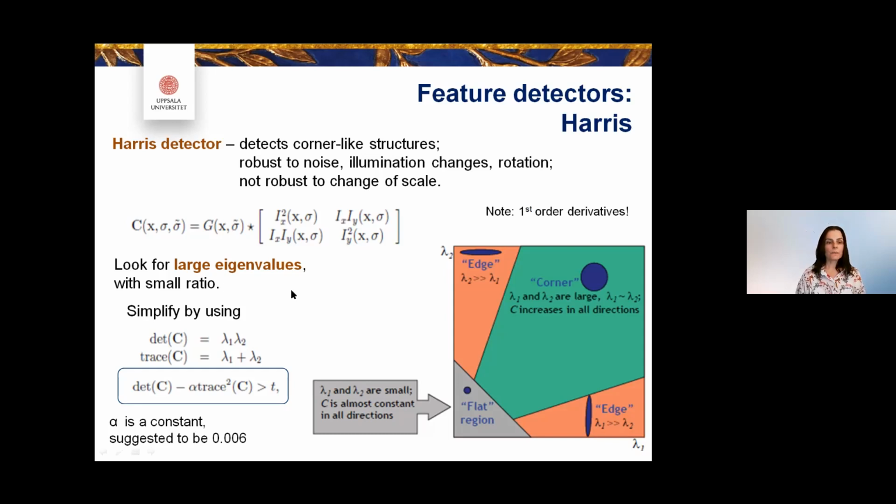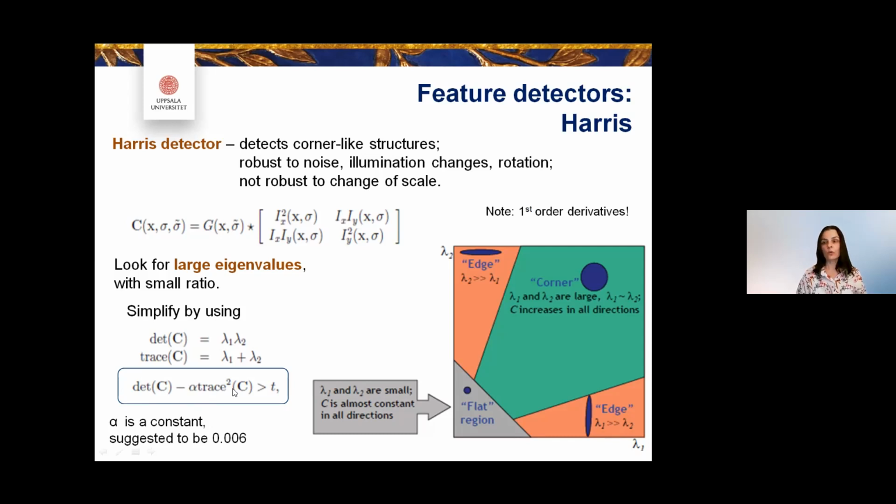So we want to find eigenvalues of this matrix, but instead of computing eigenvalues, we can simplify the procedure and use the dependence between the eigenvalues of this matrix and its determinant and its trace. So forming this expression, we need the determinant of this matrix minus the squared trace with some suitable scaling factor.